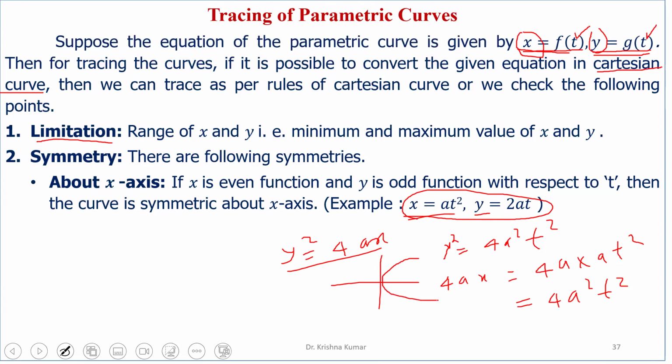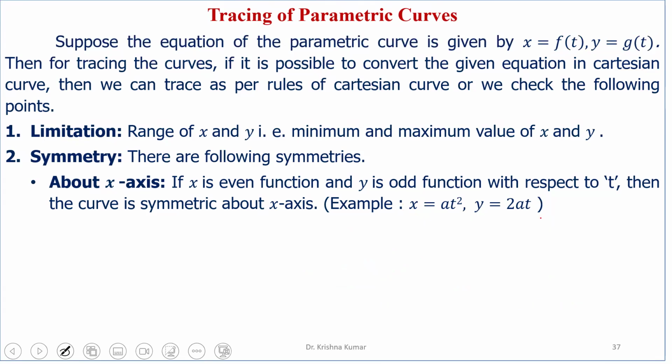So the parametric equation of the parabola y square equal to 4ax is x equal to at square, y equal to 2at. To check whether the given parametric curve is symmetric about the x-axis, we just check whether x is an even function and y is an odd function.